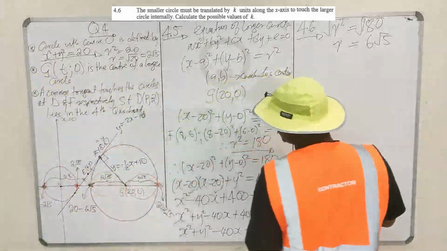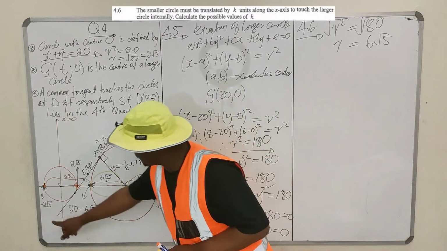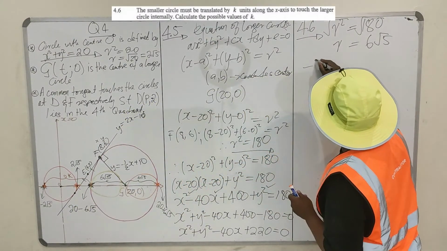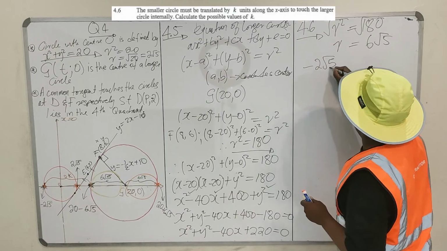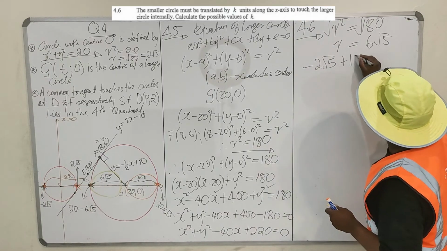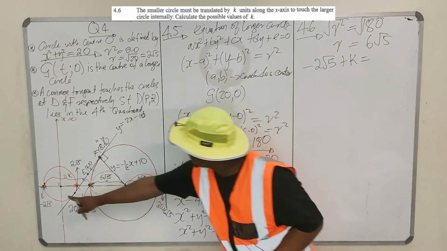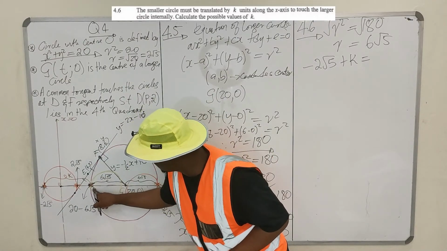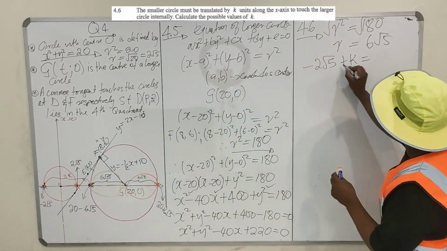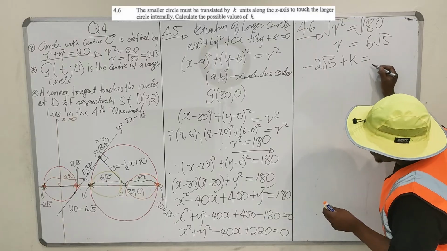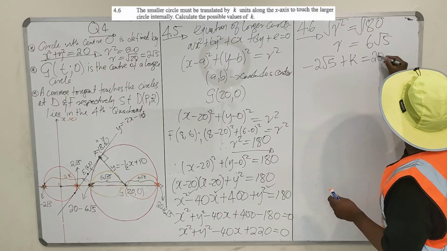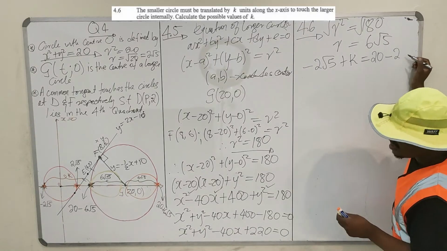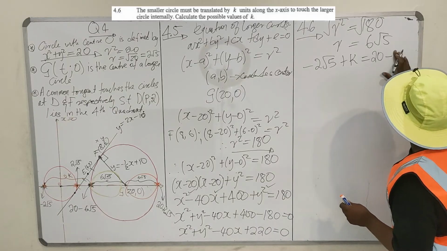You say, okay, I have my starting point, which is minus 2 root 5, right? You want to add k units so that your final answer is 20 minus 6 root 5.